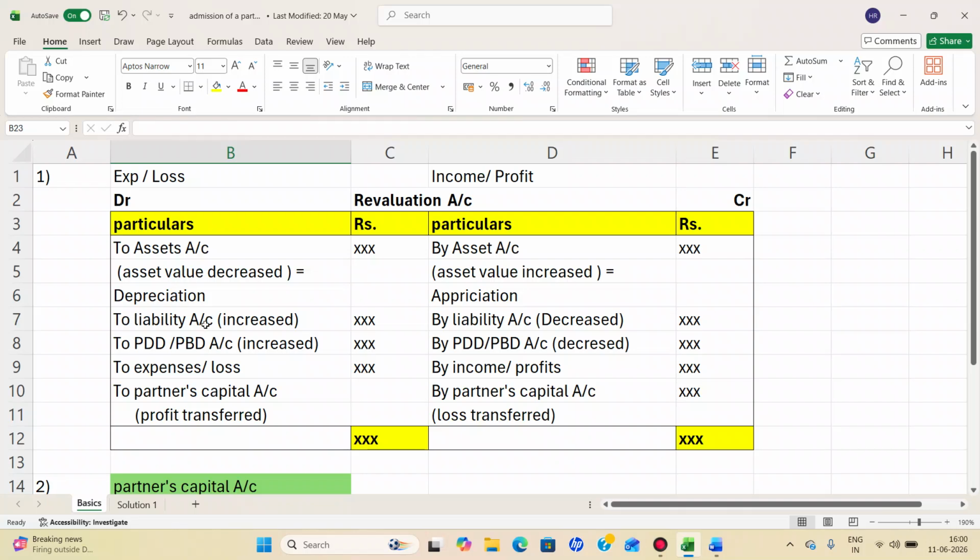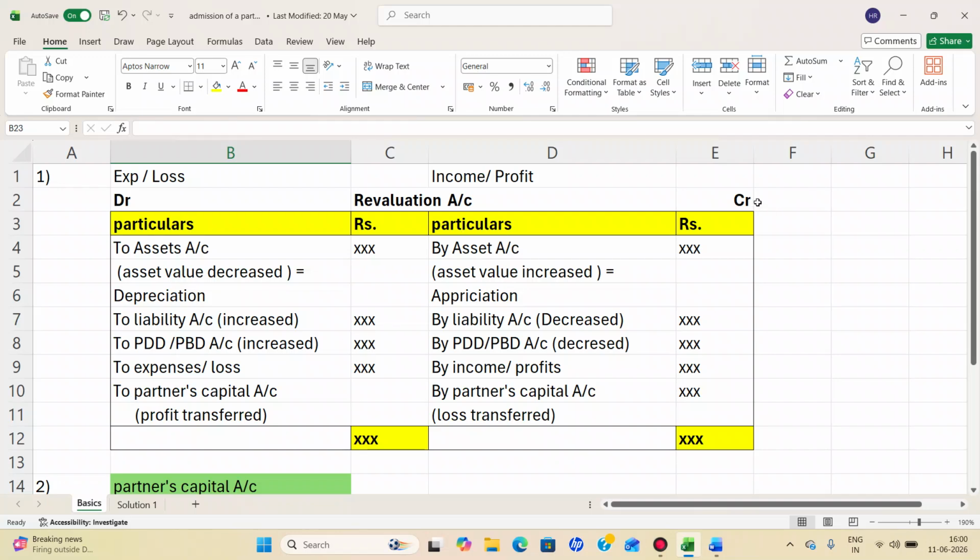To liability account: if a liability increases, we have to write it here on the debit side. To PDD or PBD account, if that is an increase, you have to write it here on the debit side. To expenses or losses, I have said already, if there are any expenses or losses, we have to write them here.